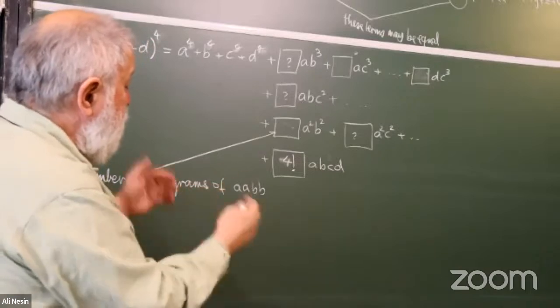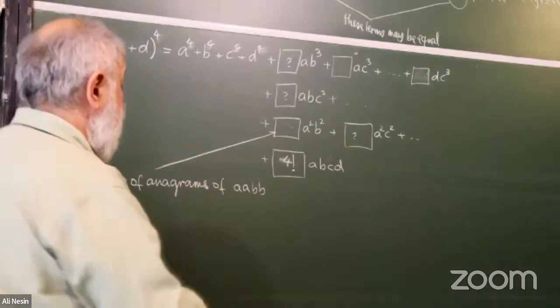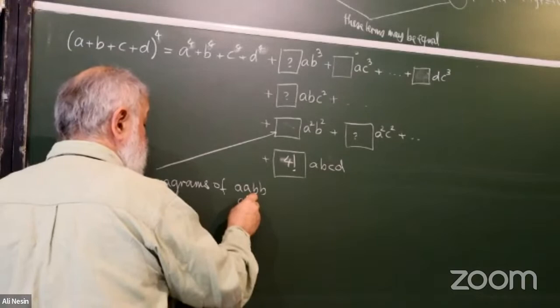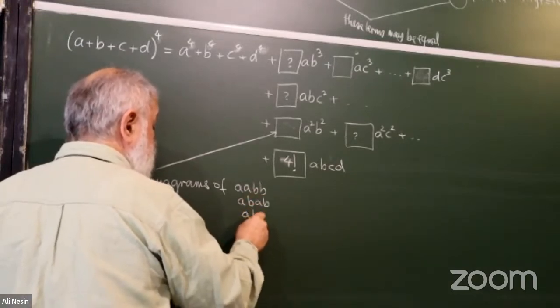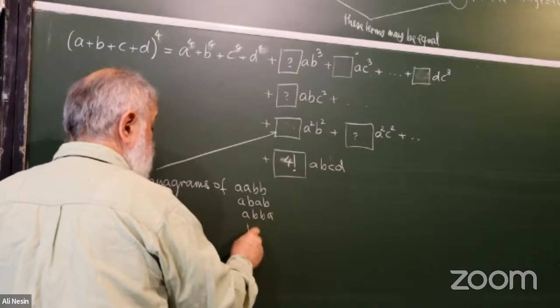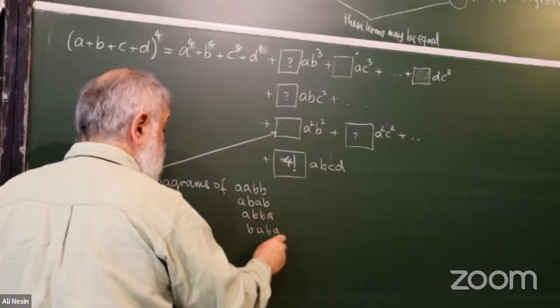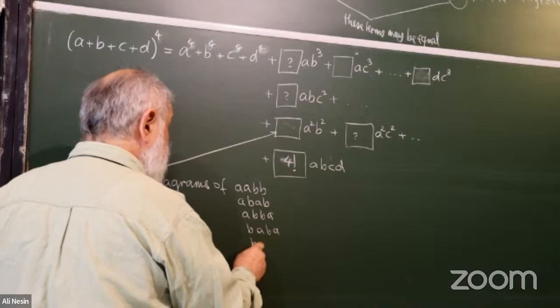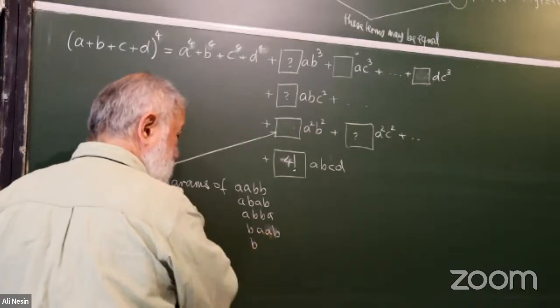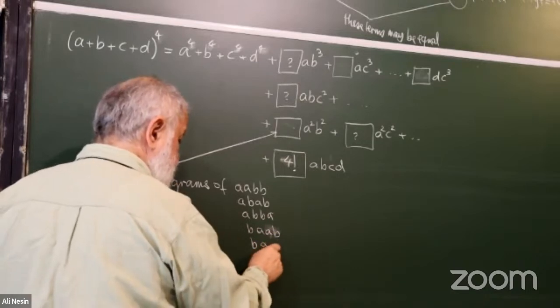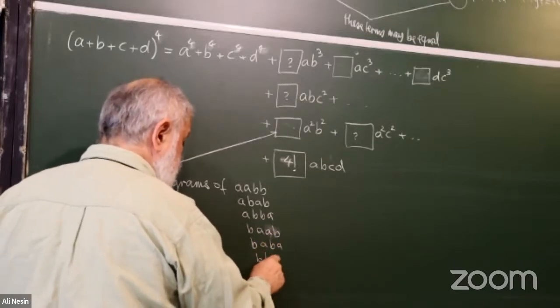In how many ways can you arrange A, A, B, B? You have A, B, A, B; A, B, B, A; B, A, B, A; B, B, A, A; and so on, alphabetically.